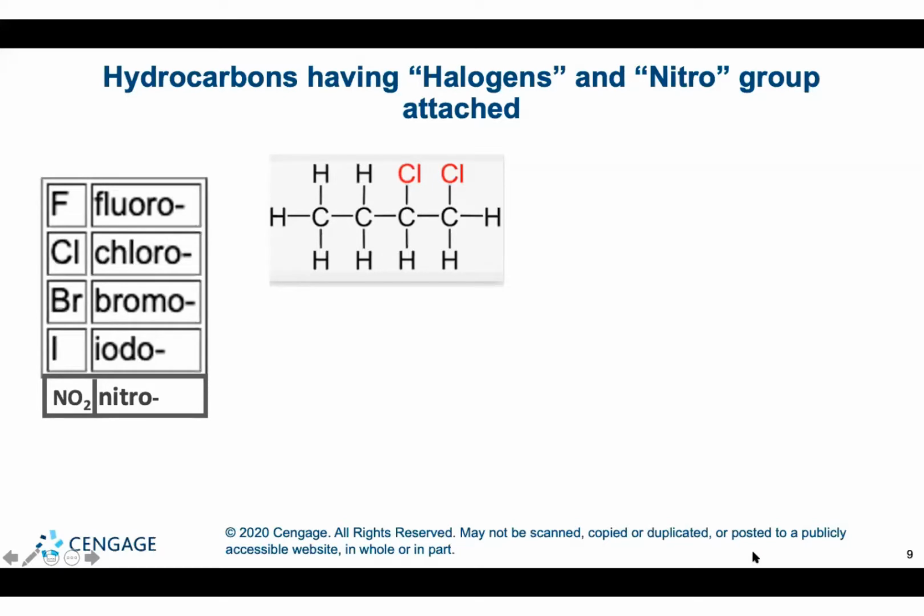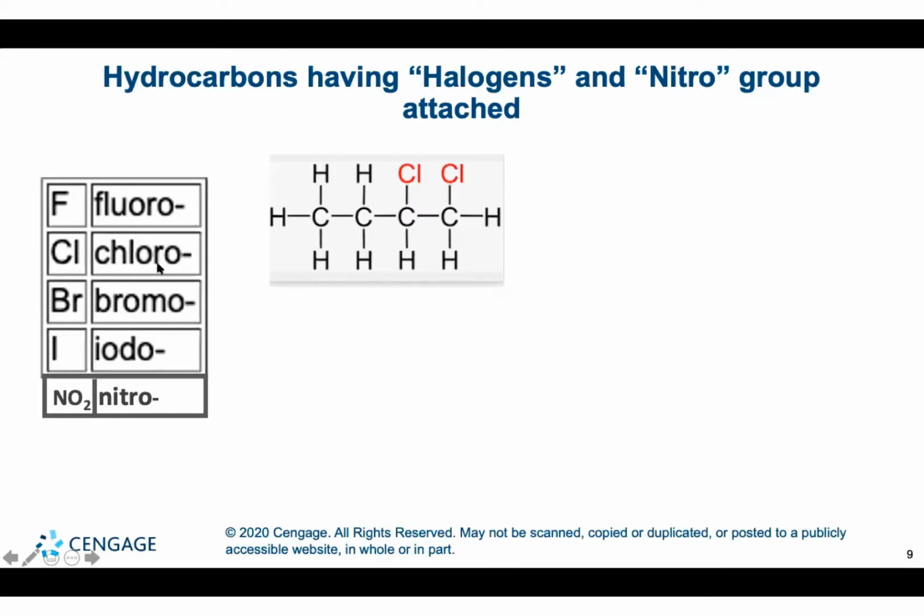Okay, guys, what about having compounds other than alkyls attached to our chain? For example, halogens. Here you can see we have chlorine attached to my chain. Whenever you have halogens attached, like here chlorine, you remove the -ine from the end of it and add O instead of that.